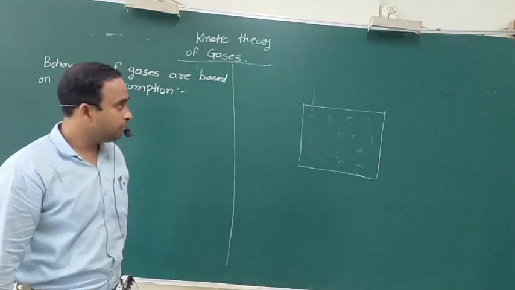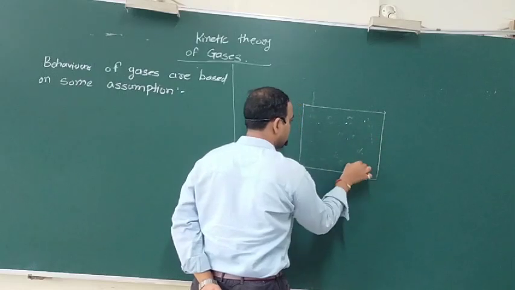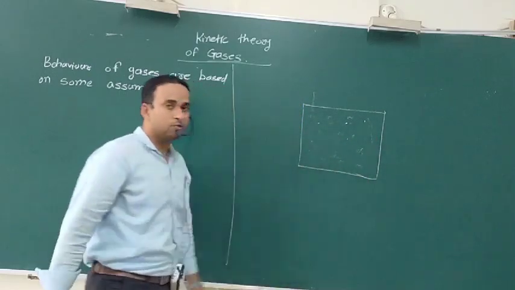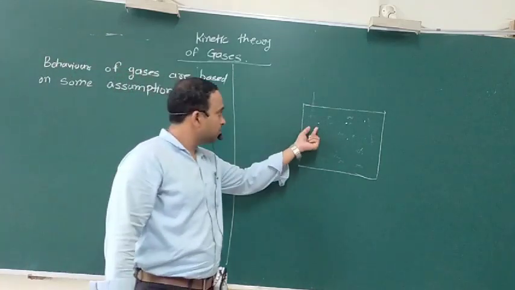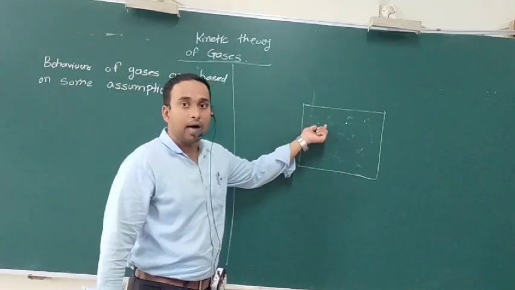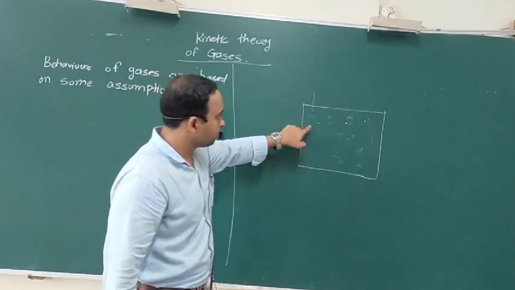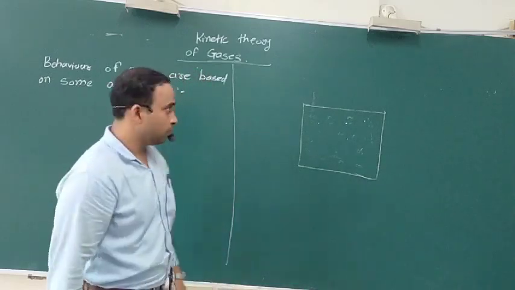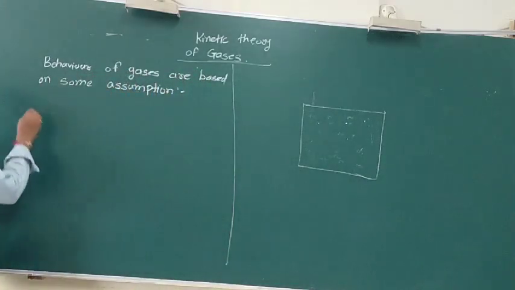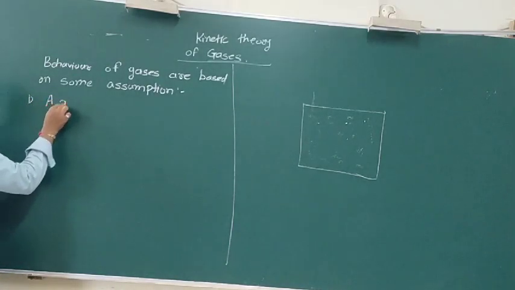Now see here, there are some small tiny particles. These small tiny particles are known as molecules. So the first assumption is that matter consists of small tiny particles, and such small tiny particles are known as molecules.